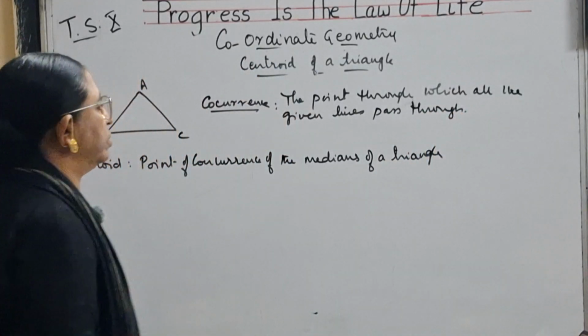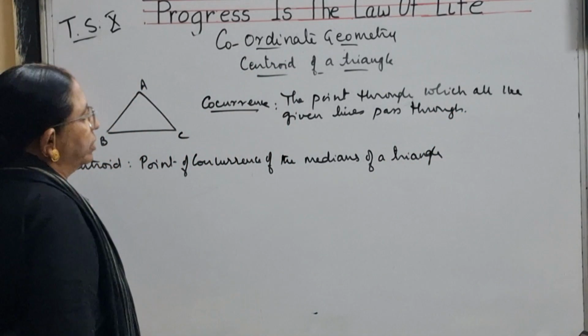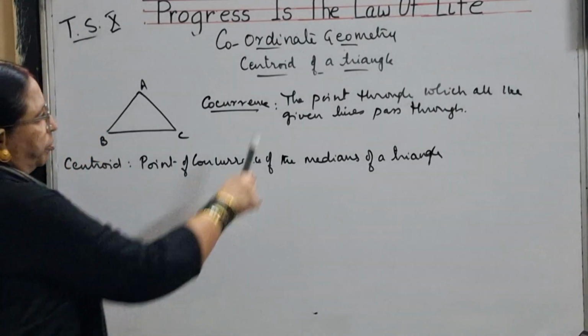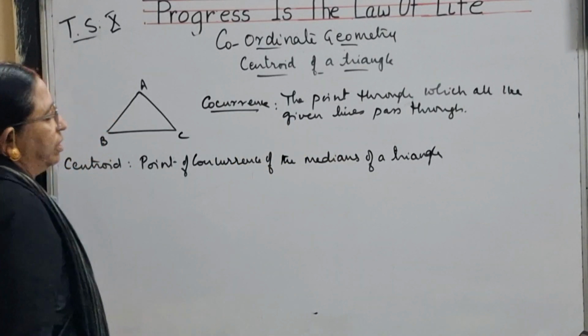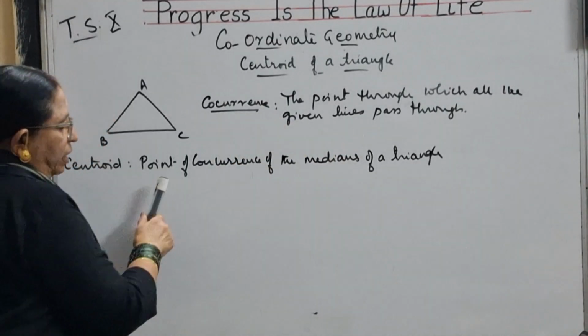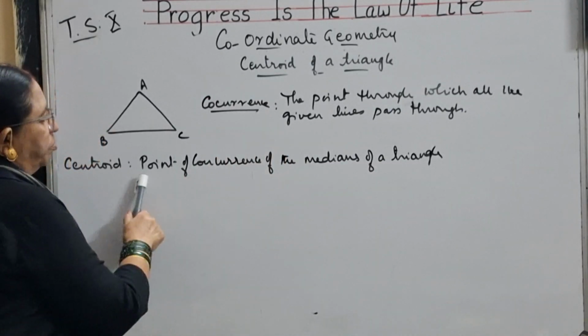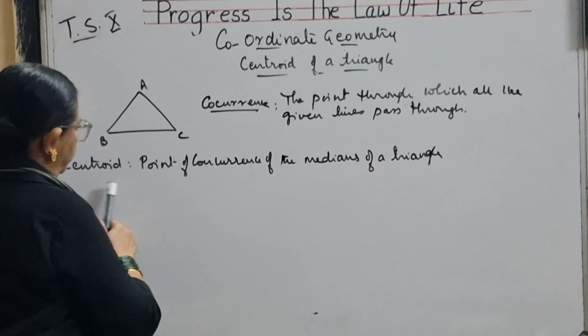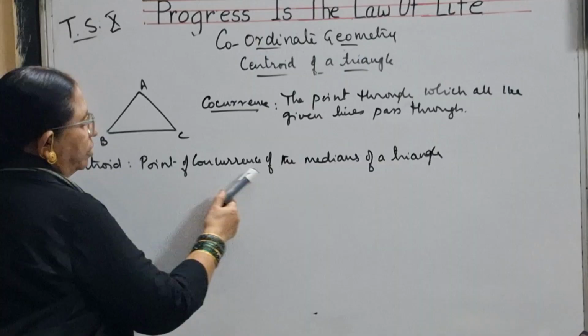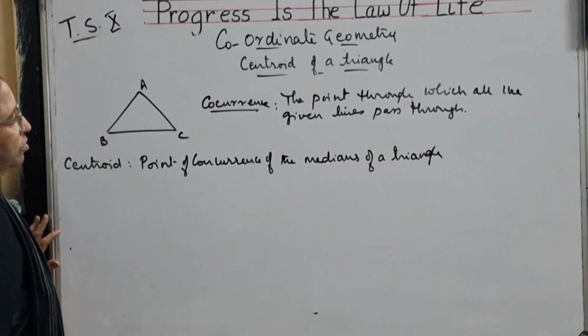That is called concurrence. Point of concurrence means the point through which all the given lines pass. So here the given lines are medians. Centroid means point of concurrence of medians of a triangle.